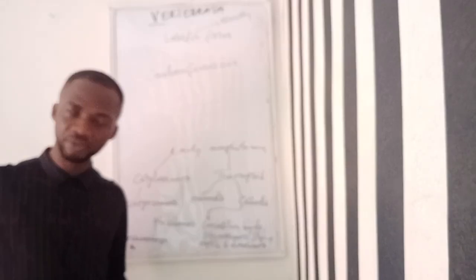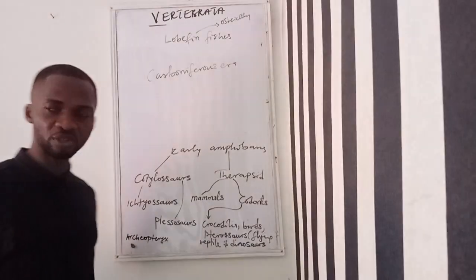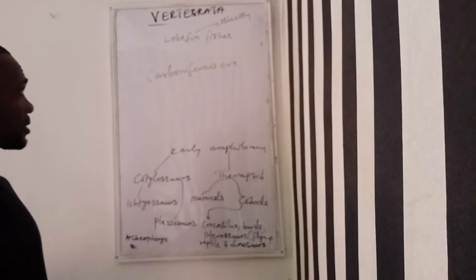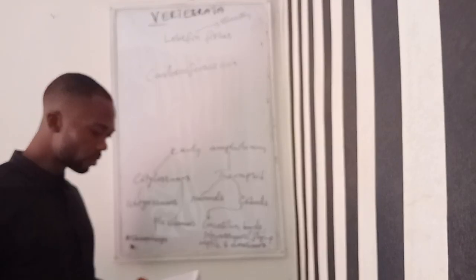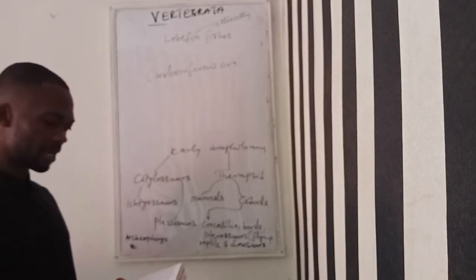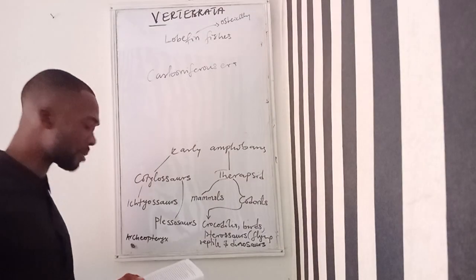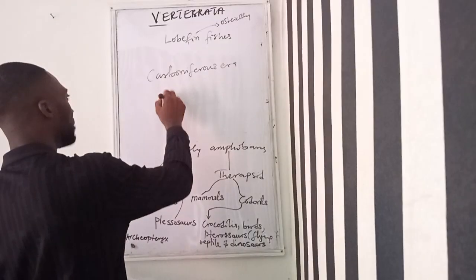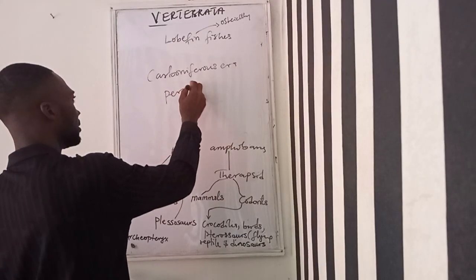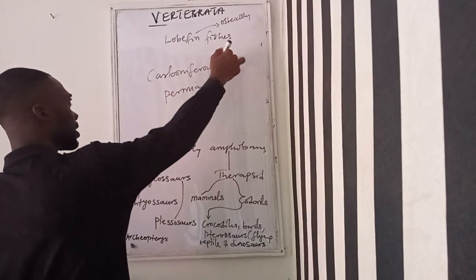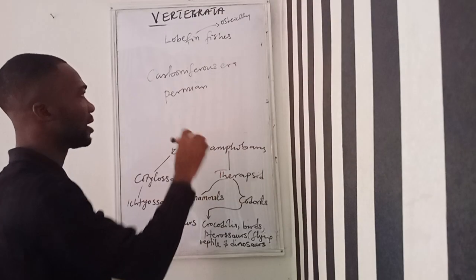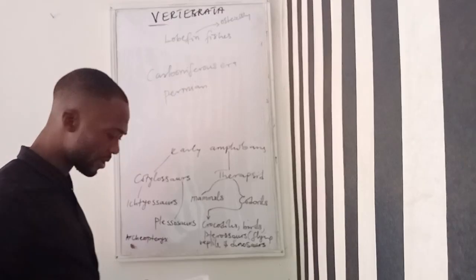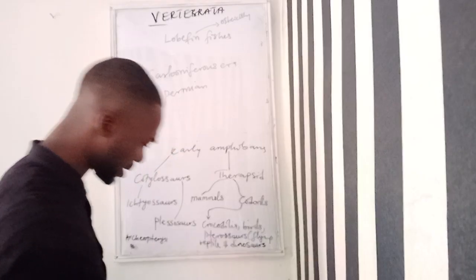While the Devonian period is known as the age of fishes, the Carboniferous era is known as the age of amphibians. The amphibians flourished within the Carboniferous era and early Permian era, and towards the end of the Permian era, we discovered that they began to decline.